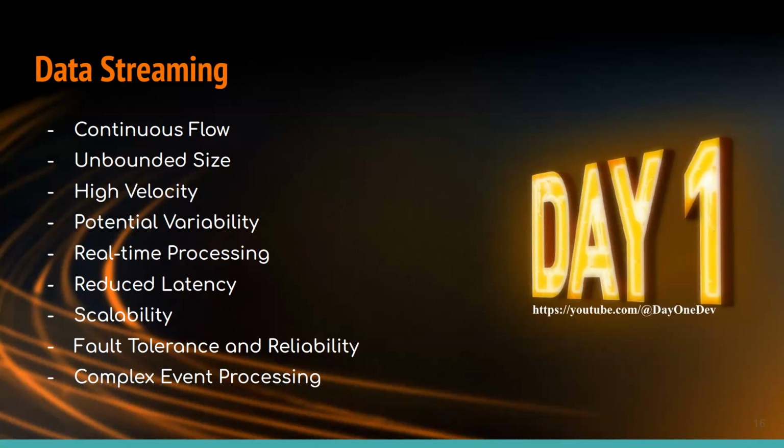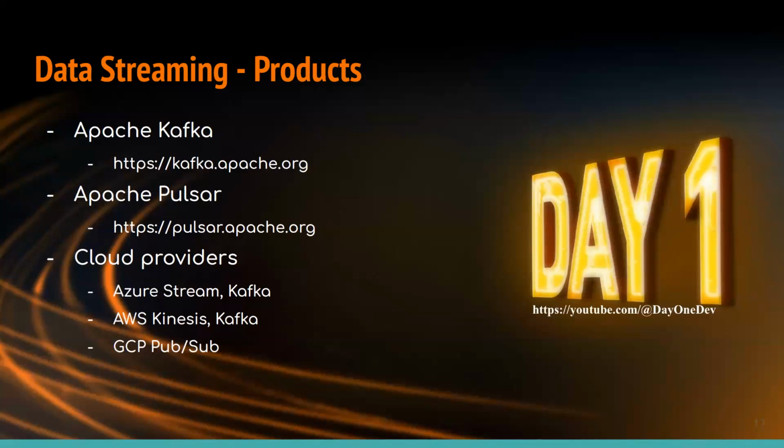So let's look at a few products available in the market to support your data streaming. Most of you have heard the term Kafka, especially if your organization migrated from MQ products like IBM MQ or RabbitMQ. There's another product from the same Apache organization called Pulsar. This is sort of the next version of Kafka, but because most of our organizations were aligned to Kafka, pretty much Pulsar and Kafka fall under the same category of data streaming products.